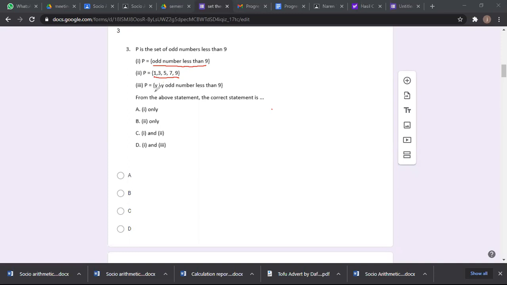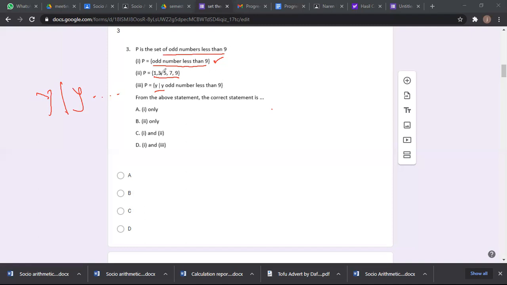The notation will start with this sign, like y, whereas y, and so on. So these are the three ways to represent the set, but please check which one is correct. This is the set of odd numbers less than 9. So of course this is correct.